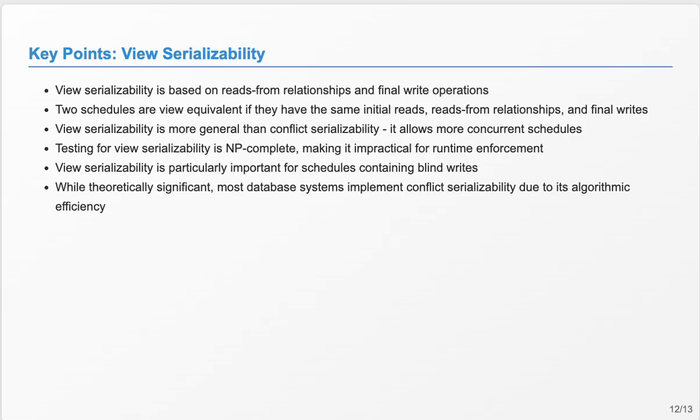View serializability is more general and allows more schedules than conflict serializability, but testing for it is NP complete, and it is very impractical for runtime enforcement, and that is why we most likely use conflict serializability in practice. While theoretically significant, most database systems implement conflict serializability due to algorithm efficiency.